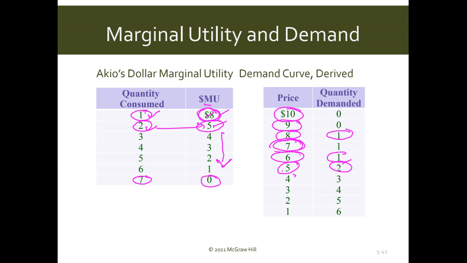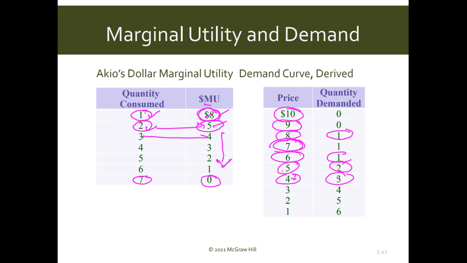Similarly, if the price is $4, you'll buy 3 apples, because the third apple will give you $4 worth of utility, and so on and so forth. If the price is $1, you are willing to buy 6 apples, because the 6th apple will give you $1 worth of utility, and the price is also $1, so you don't mind buying it.